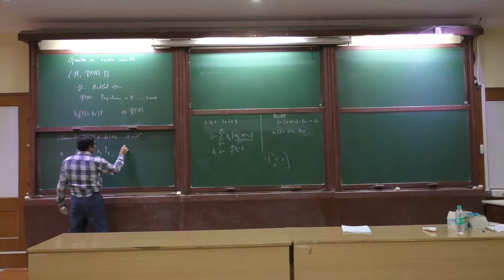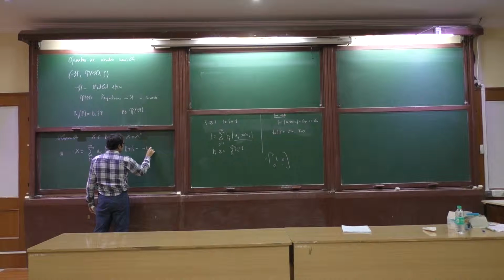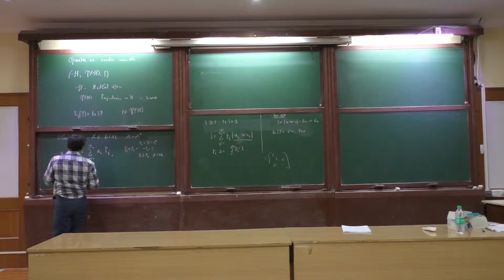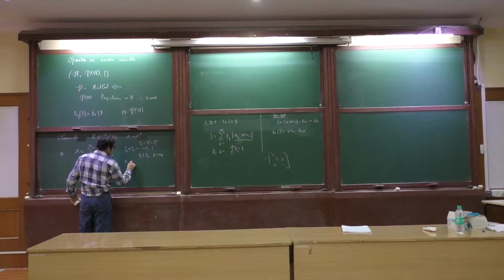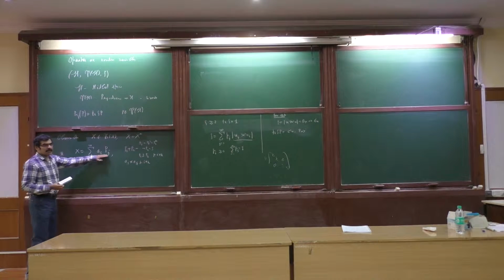So Pj's are projections adding up to identity. They are orthogonal projections. So that is given by Pj equal to Pj square equal to Pj star. Pj is orthogonal to Pk for k not equal to j. So this is then the spectral decomposition of X. Okay. So of course, if I want to say that this is a spectral decomposition, I should also say that aj is not equal to ak for k not equal to j. So they are distinct eigenvalues with corresponding eigenprojections.